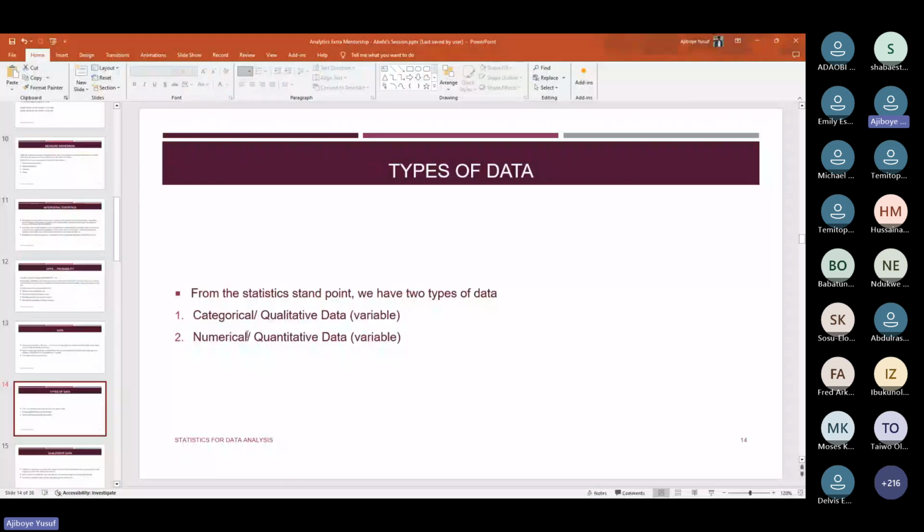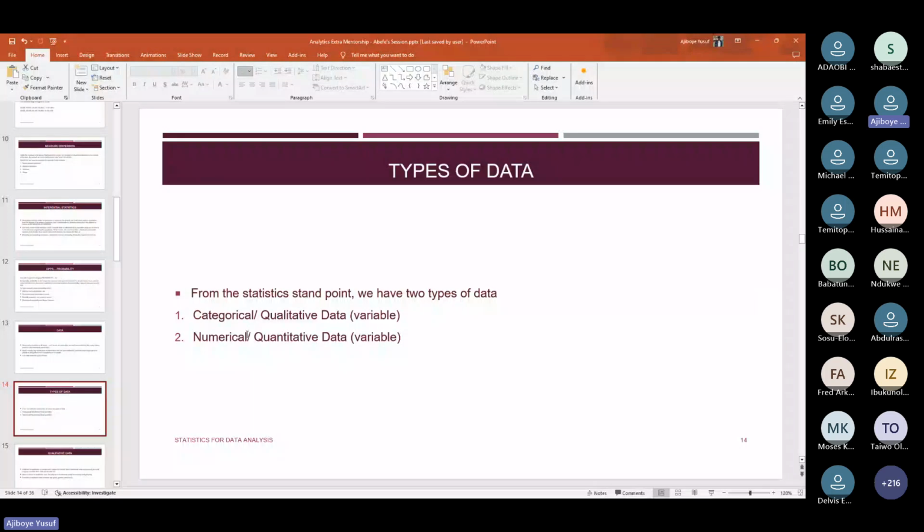So it depends on the standpoint you are talking from. We have several types of data. In terms of how you gather the data, we can have longitudinal, time series, panel, or cross-section data. So there are several contexts on the type of data set that you have. Always try to understand the nuances or the context you are working with.